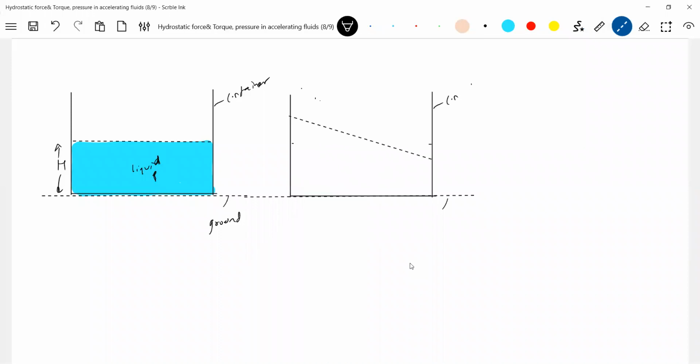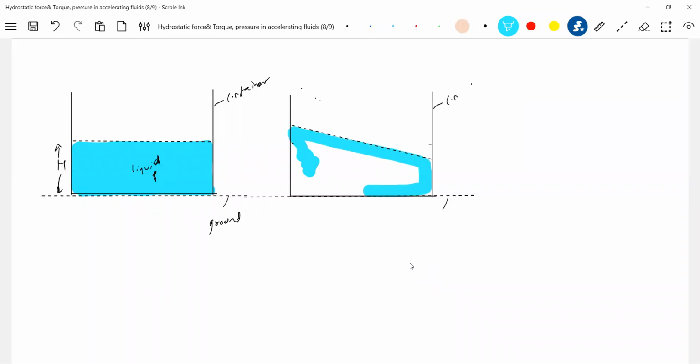The liquid column will align its orientation in this particular direction. So the free surface will align itself like this, and now the container is accelerating horizontally. In books, there are more than 20 numericals on this one. So it will make an angle theta with the horizontal.